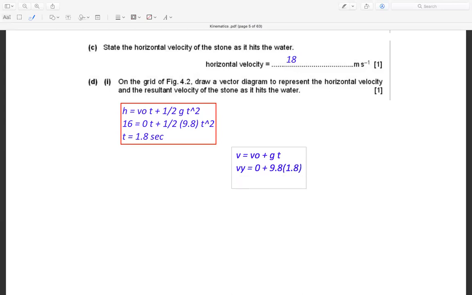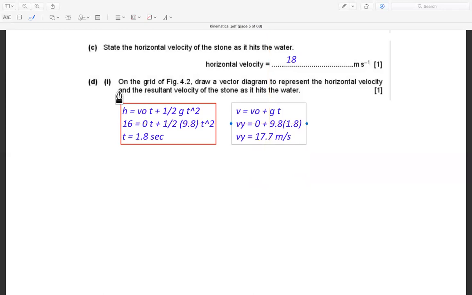So Vy equals 1.8 times g. This is about 17.7 meter per second. Okay, this is Vy.